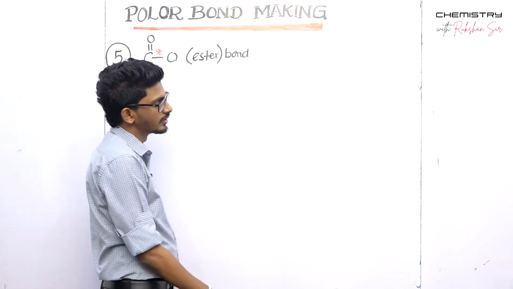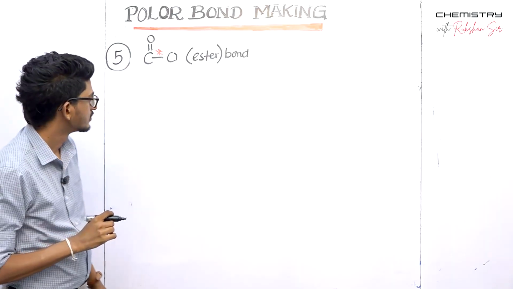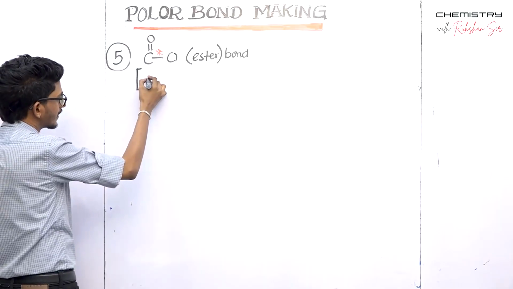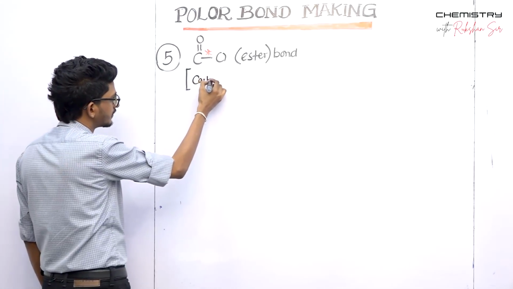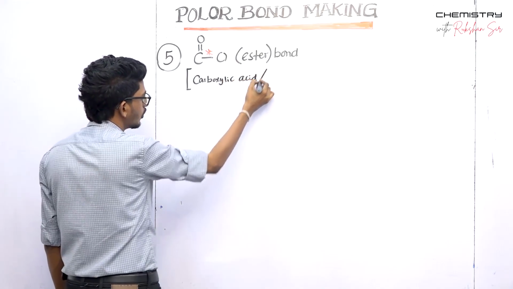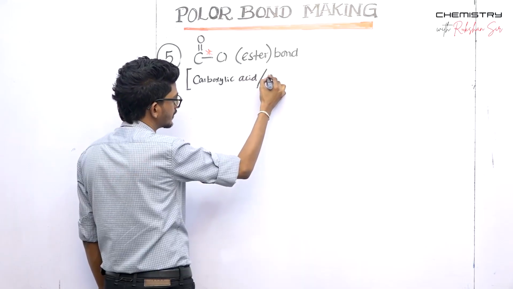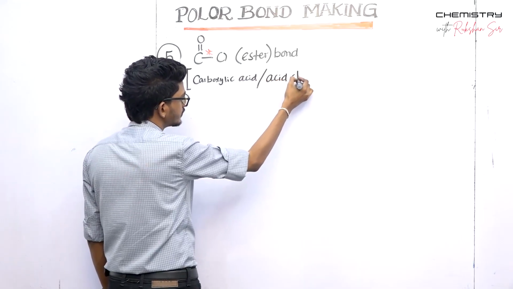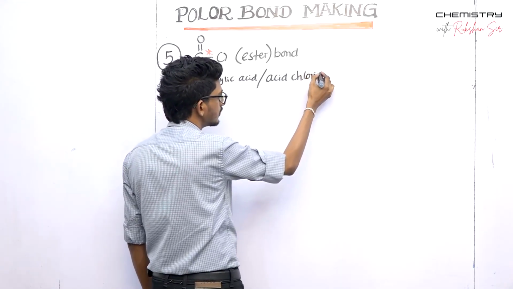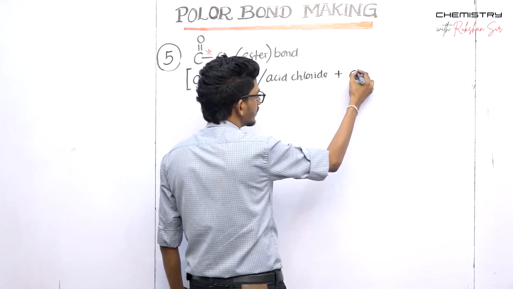To make the ester bond, two methods are available. You can use a carboxylic acid or an acid chloride with an alcohol.